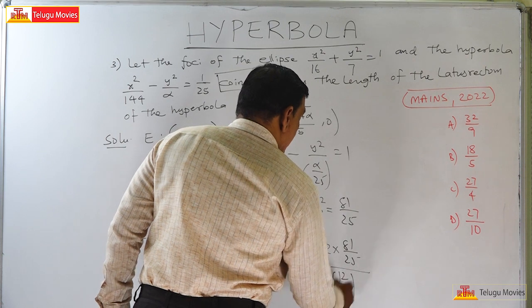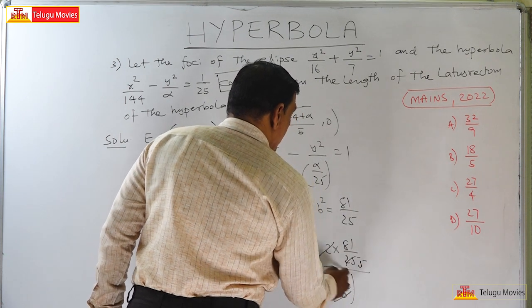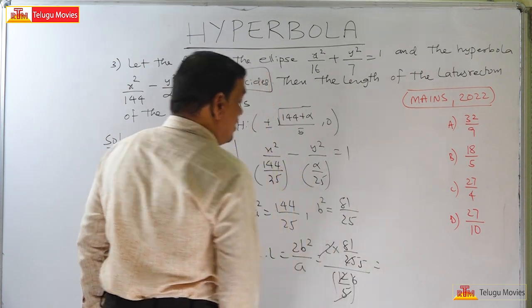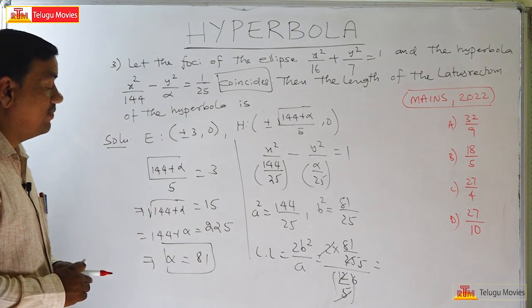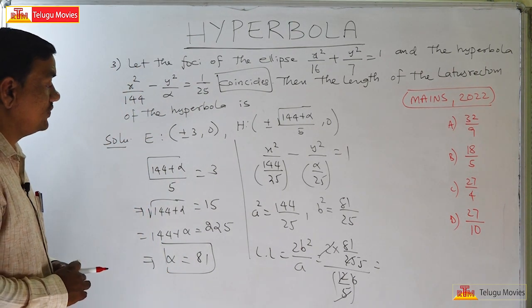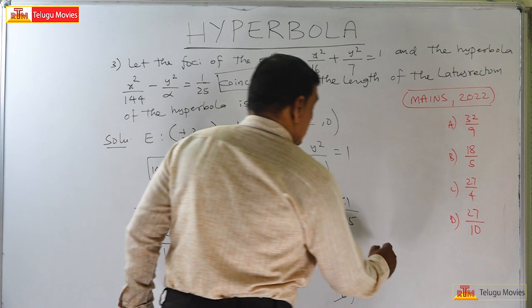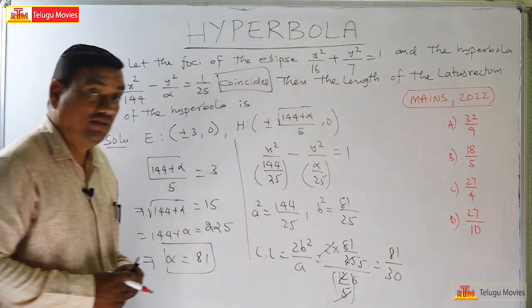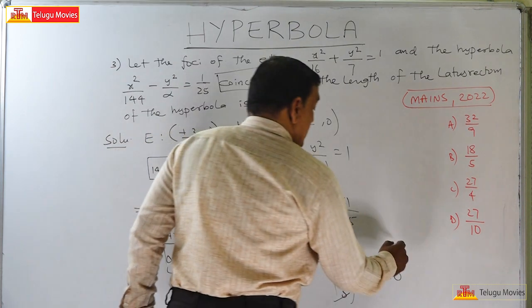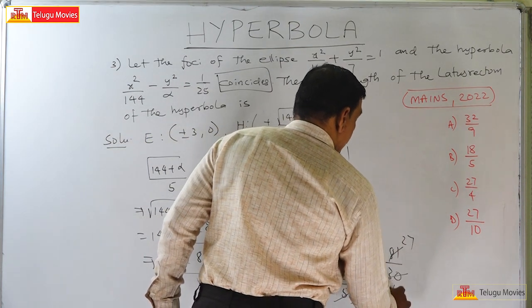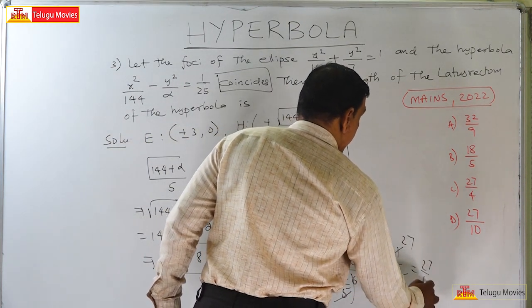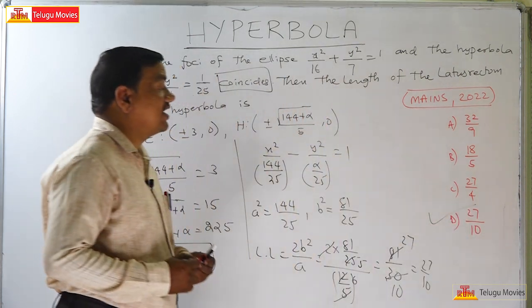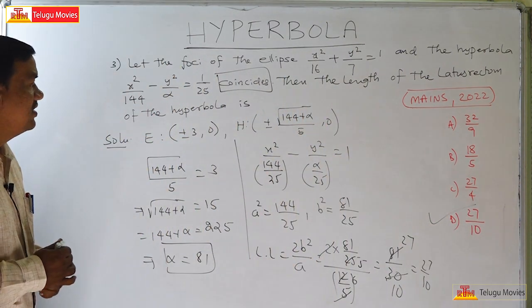Here 5 fives are cancelled, 2 sixes are cancelled. On the whole, 81 by 30. So 3 can be cancelled: 3 twenty-sevens are, 3 tens are, that is 27 by 10. Therefore, option D is the correct answer. 27 by 10 is the right answer.